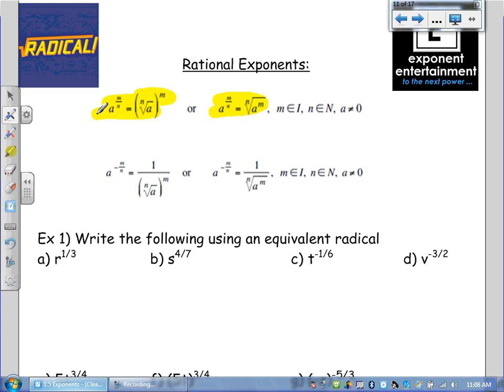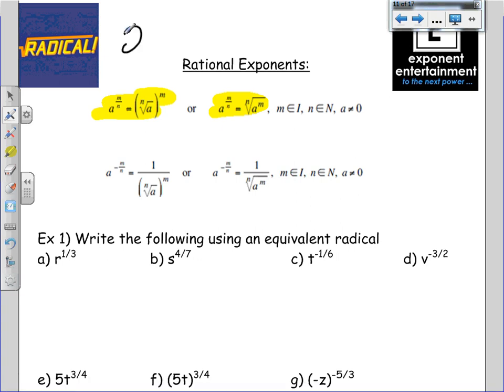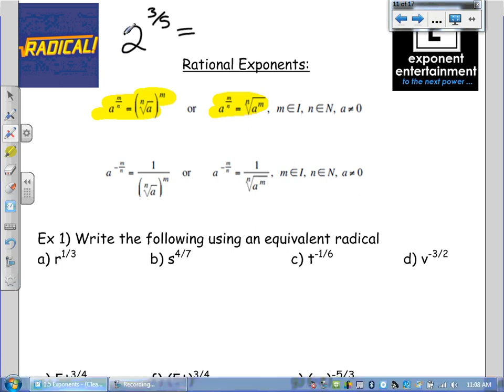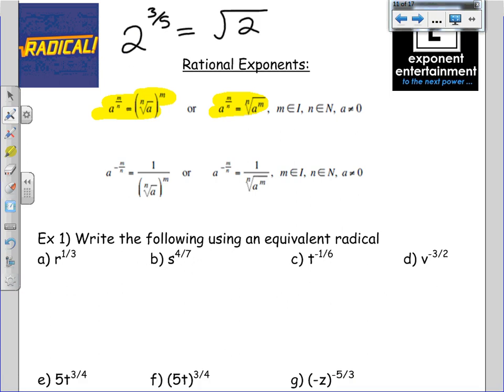The letters mean what, Joe? Yeah, it's just representing numbers. So A could be any number, M could be any number, and N could be any number. What it's saying is, if we had an example like 2 to the power of 3 over 5, the 2 is going to stay there. The 2 is not what we need to worry about. We need to worry about the rational exponent.